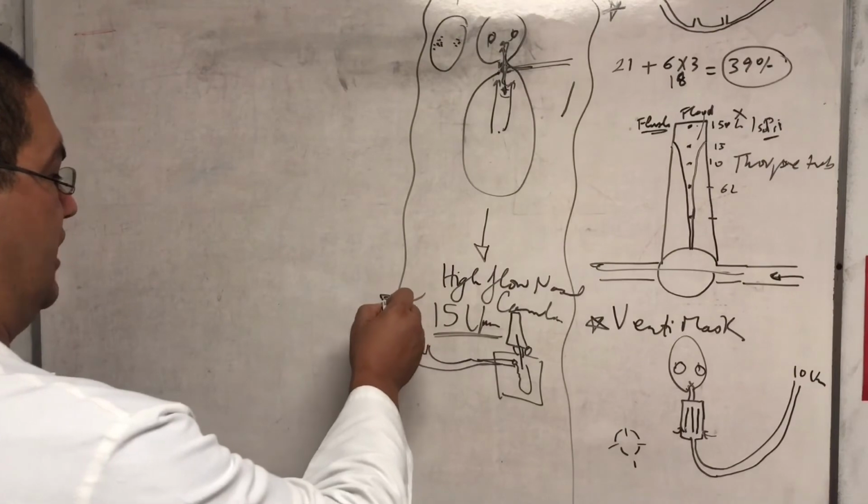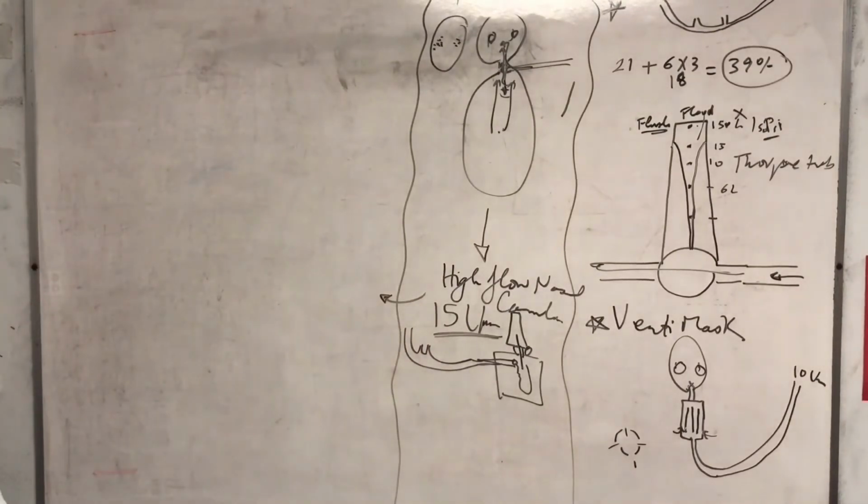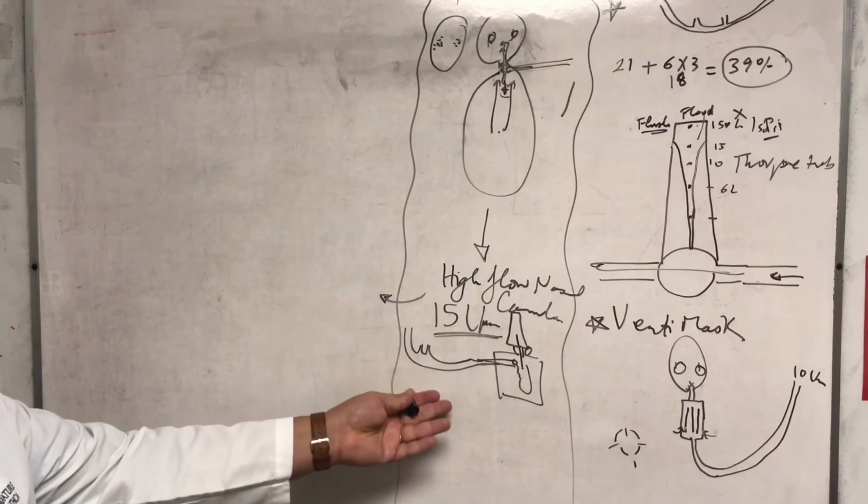I think the CDC made a mistake during COVID, and they said you can't use the high flow nasal cannula for COVID patients. So a lot of hospitals could not use the 15 liters per minute.